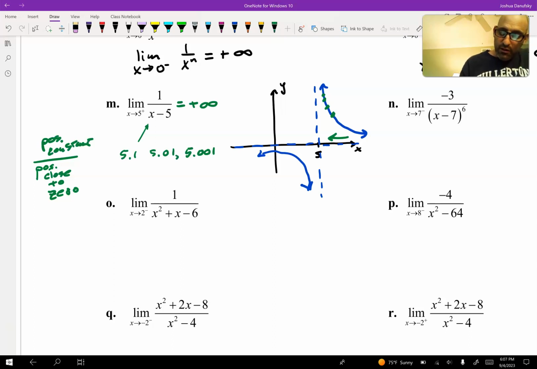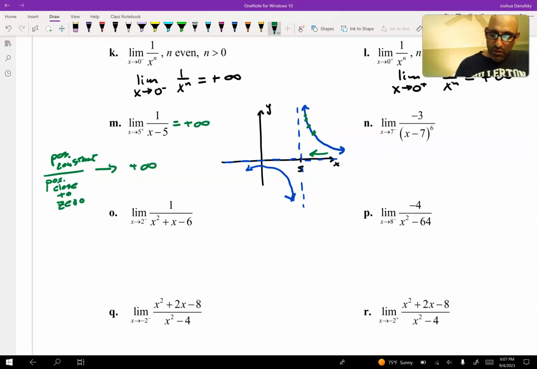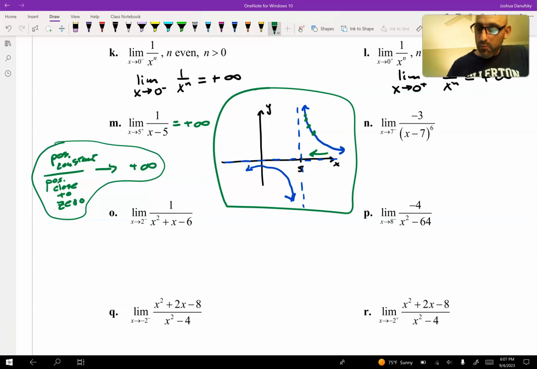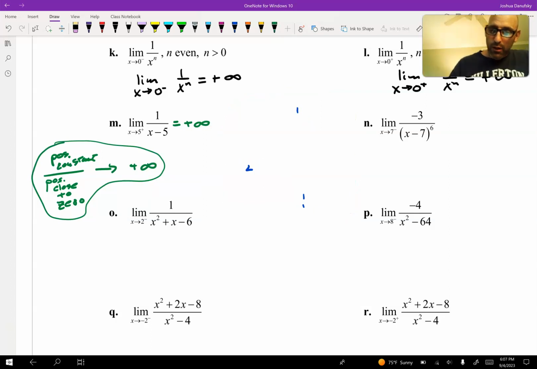And as we discussed earlier, that is going to take us to positive infinity. Okay? So again, two ways of thinking about that. And as I mentioned earlier, as we progress into these next problems, we're not going to be able to visualize it every time. So being able to see what's going on with this pseudo-numerical approach is going to be the way to go. And we'll get to those in a moment.